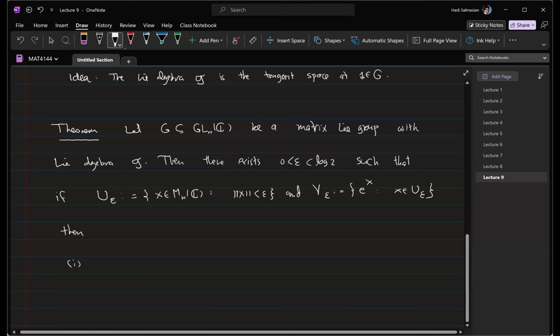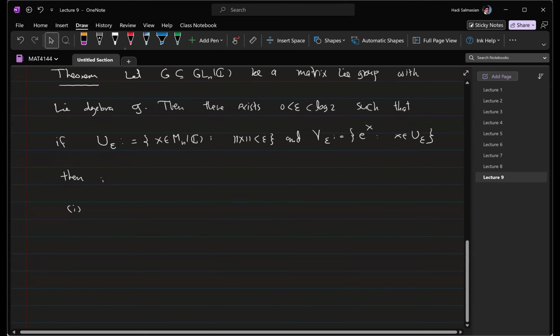The first thing is that for any x in V epsilon intersect G, the log of x belongs to the Lie algebra, and of course intersect with U epsilon, right? Maybe I should write U epsilon intersect g for consistency.